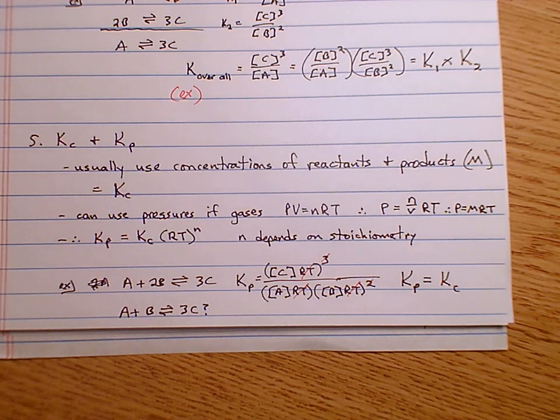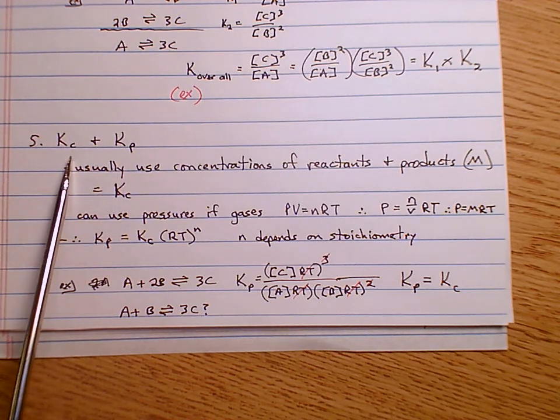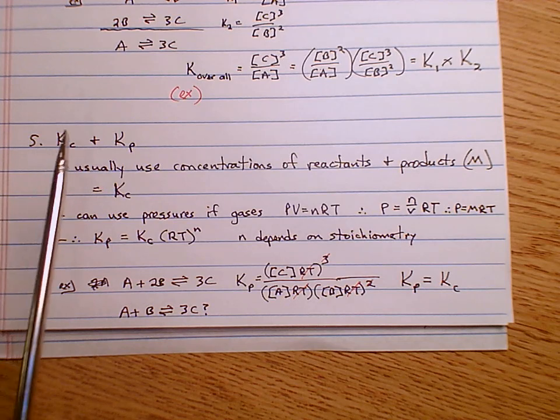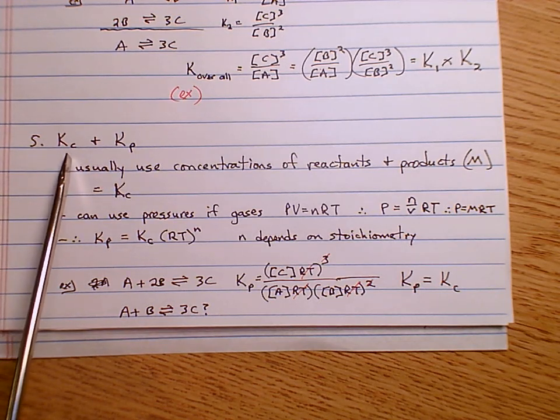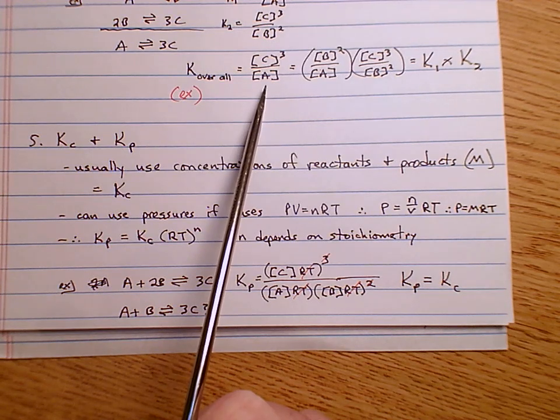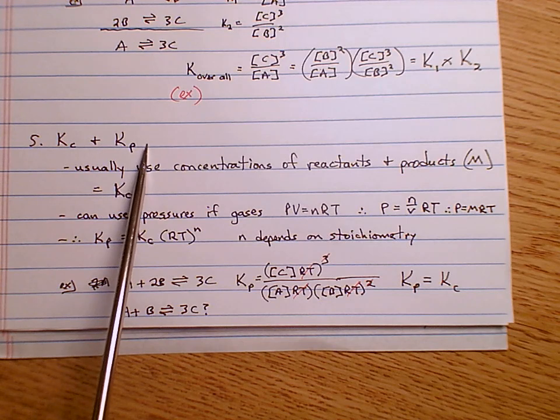But note, often that equilibrium constant will be a little bit different than the equilibrium constant using concentrations. So what you will find in your book and in your notes is Kc, which is the equilibrium constant when we're using molarity as our unit of concentration, and Kp when we're using pressures.